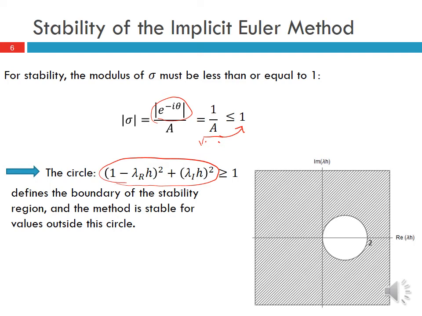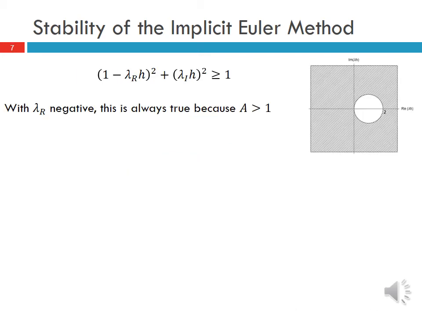So this means the stability region for the implicit Euler method looks like this. So when we consider lambda_r being negative, we can see that this is always satisfied, so this part is always greater than 1 because this value is negative.